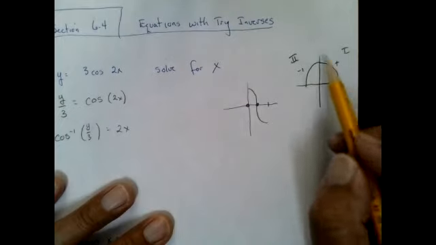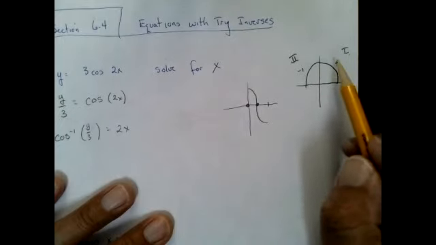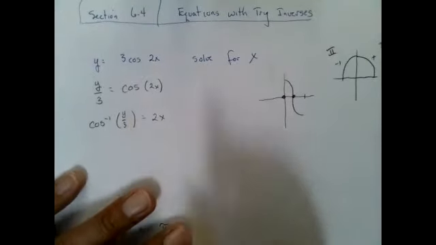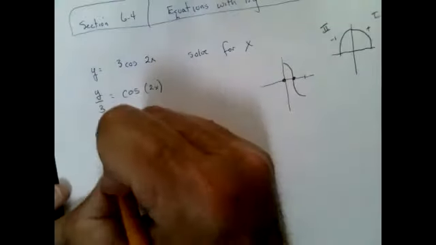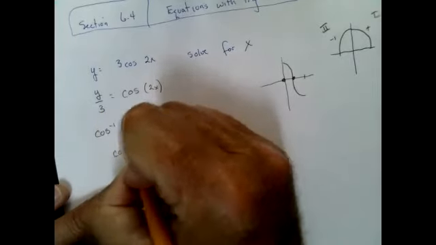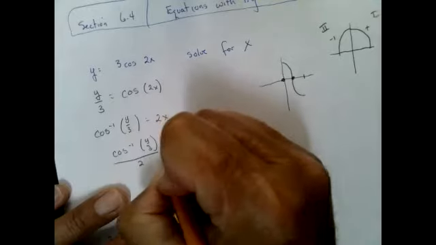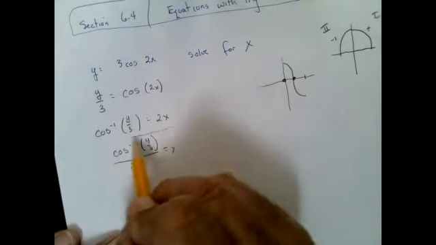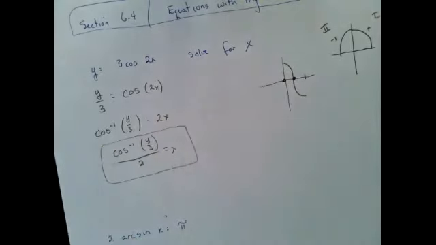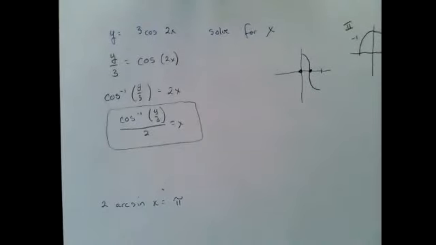When I'm dealing with inverses, I only get an answer in the first or the second quadrant. And then finally, I would divide this by 2. So if the direction simply said solve for x, that's what it would look like.